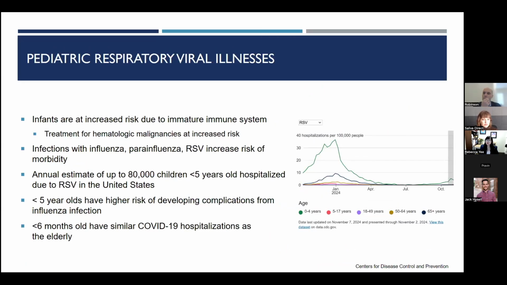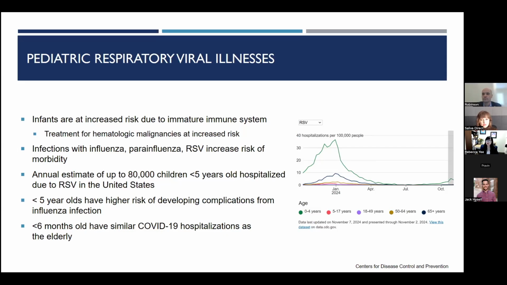Infants are at increased risk due to their immature immune system, especially those who are getting treated for hematologic malignancies. Infections with influenza, parainfluenza, and RSV have been shown to have an increased risk of morbidity. There is an annual estimate of up to 80,000 children less than 5 years old who are hospitalized due to RSV in the United States.